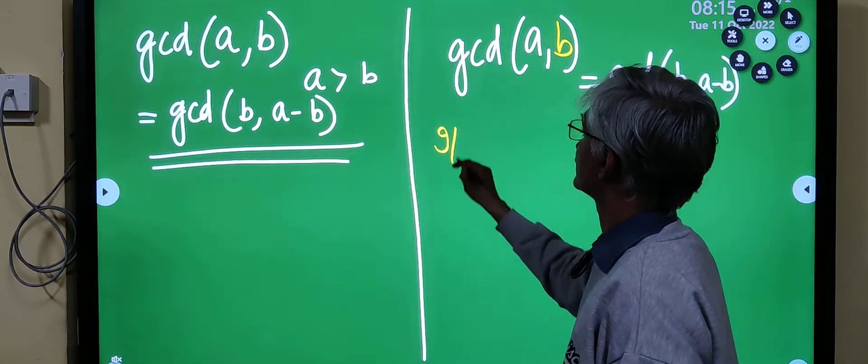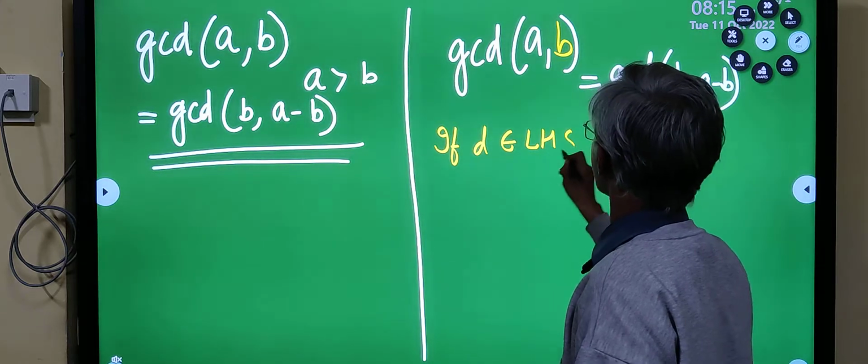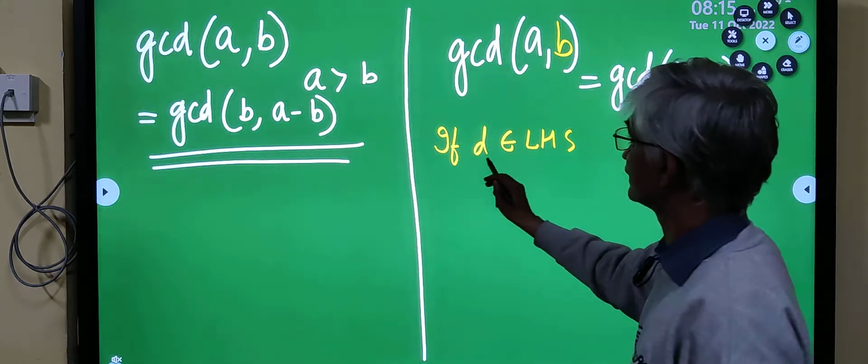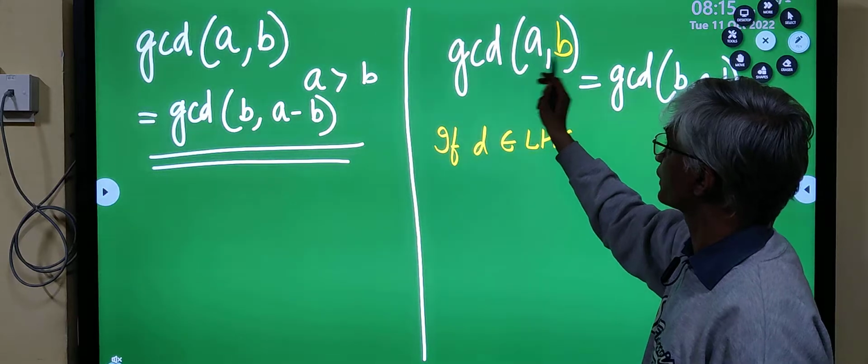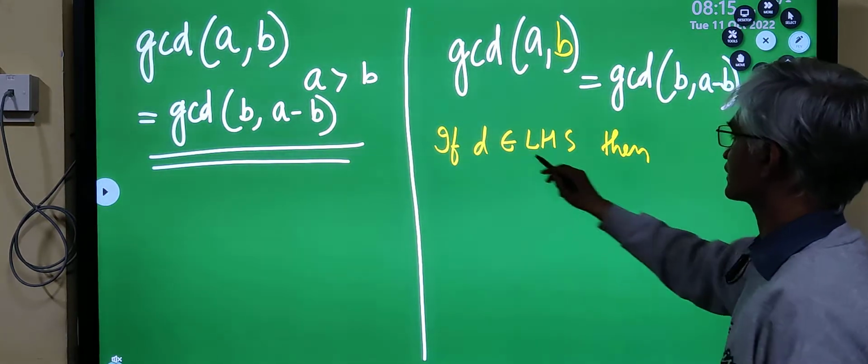if D belongs to the LHS, that is D is a common divisor of A and B, then, I think this is not well written.